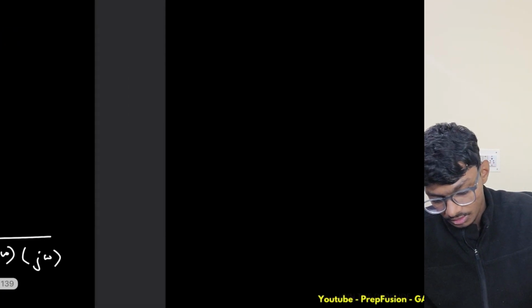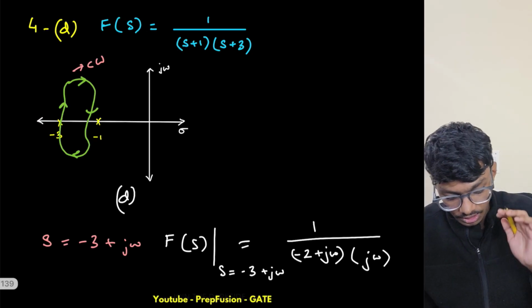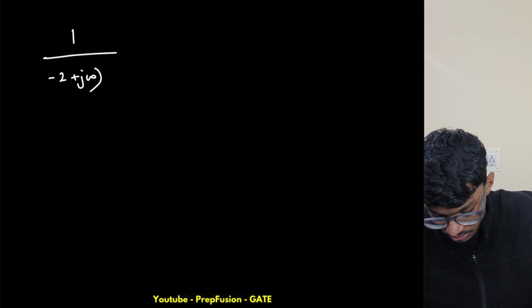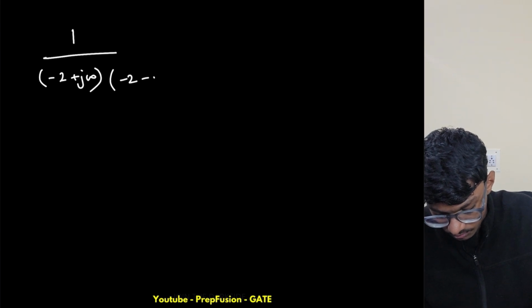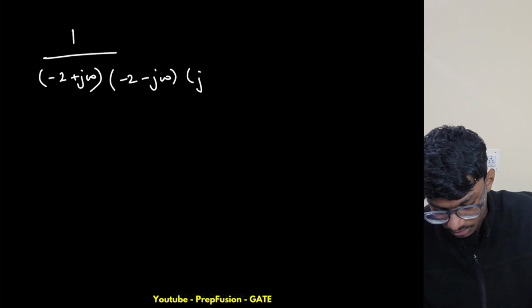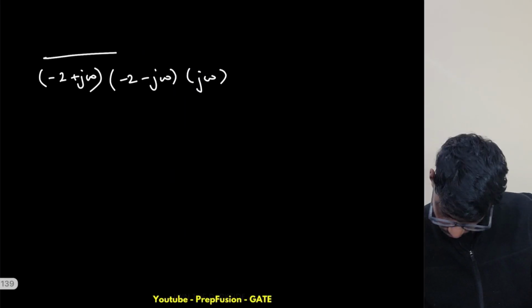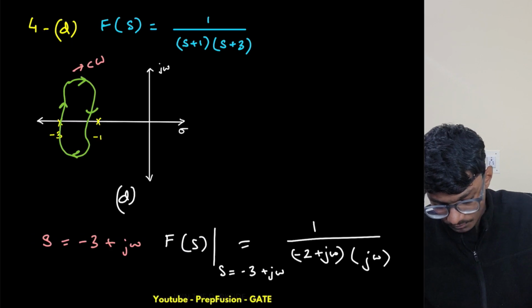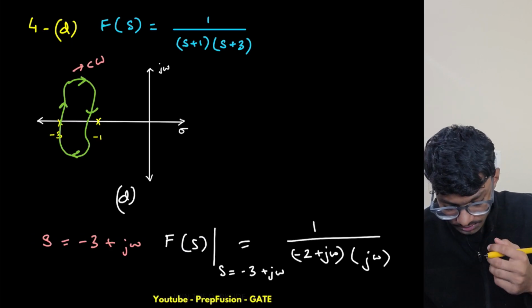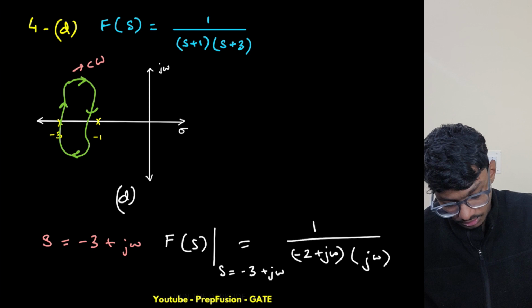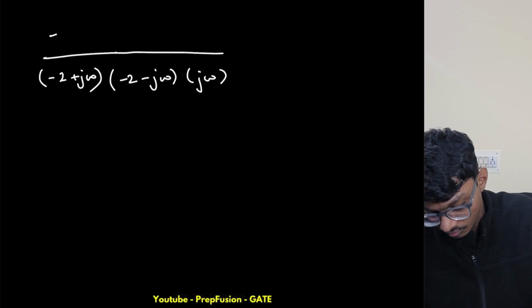What else can I do now? Now I have to find the phase. For that, I will simply do cross multiplication, multiplying by the conjugate. The numerator is minus 2 plus j omega times minus 2 minus j omega, and the denominator is j omega times minus 2 minus j omega.